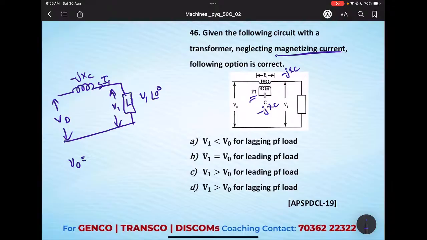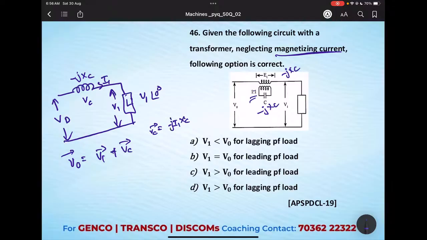V0 is equal to the phasor sum of V1 plus the drop VC. What is VC? The VC phasor is written as minus j I1 into XC.